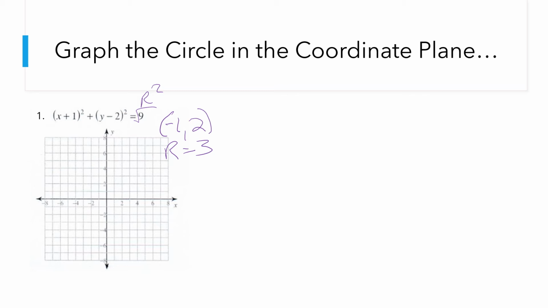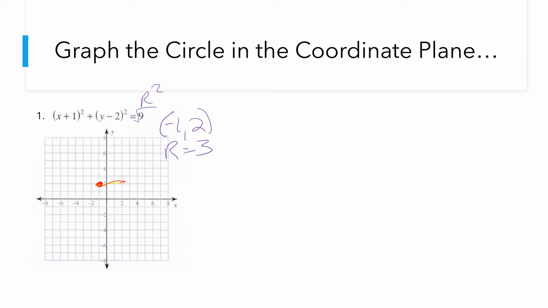To graph, we're going to plot the center. It's going to be -1, 2. So that's our center. And then our radius is 3. So basically, you're just going to count out, go left, right, up, down, and make a circle from there. Obviously, it's not going to be perfect, but it will be like 1, 2, 3. Sorry, I didn't mean to do that in yellow.